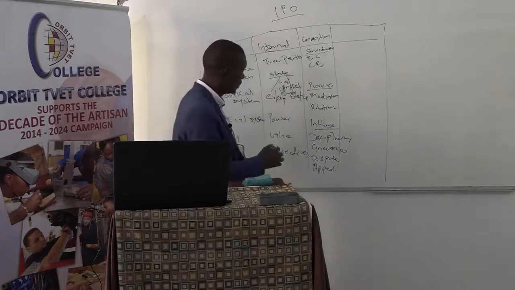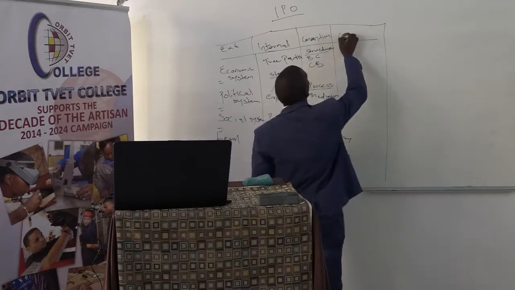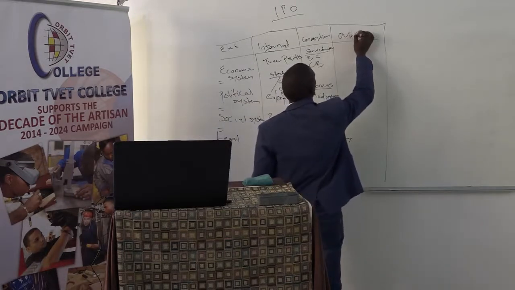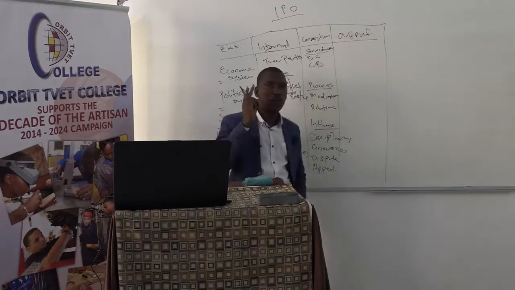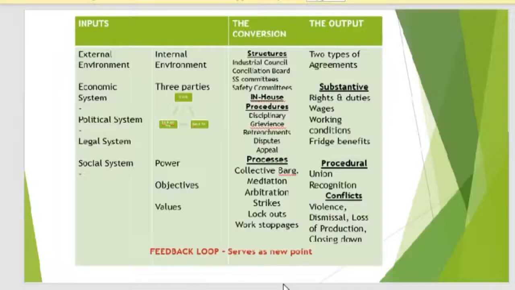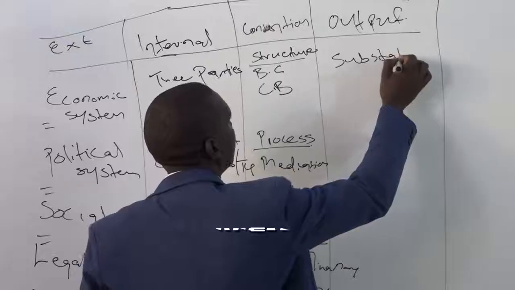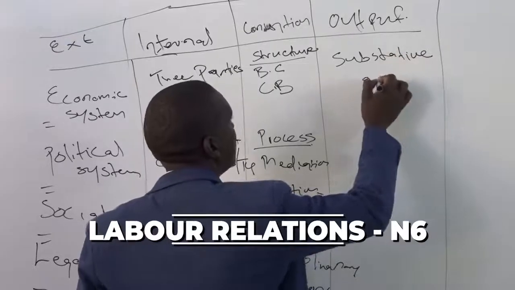The last portion will now be the output. On the output side, we've got two types of outputs. When you go for bargaining, or you go to negotiate, or you go to a disciplinary hearing, usually the outcomes will be substantive agreements.